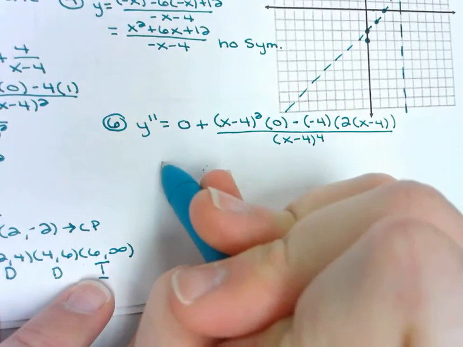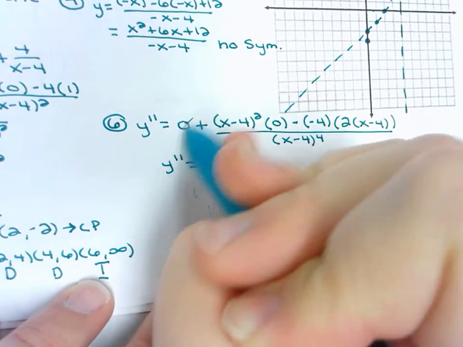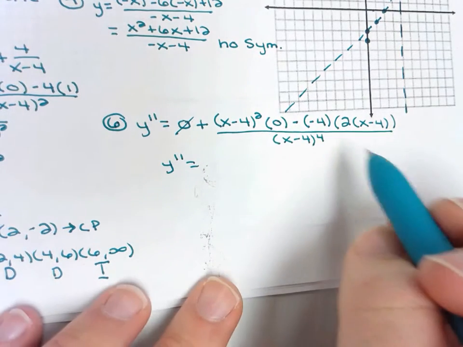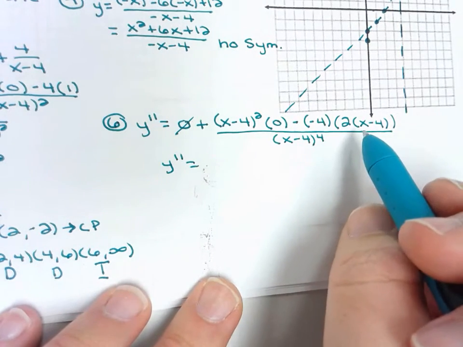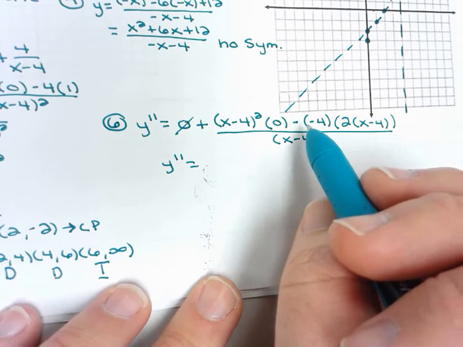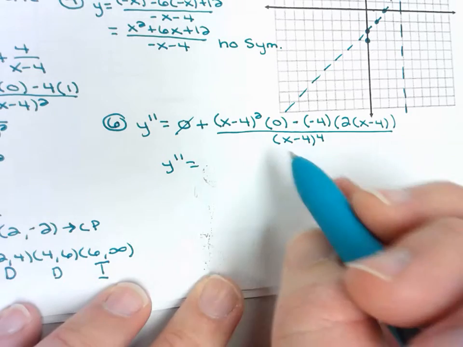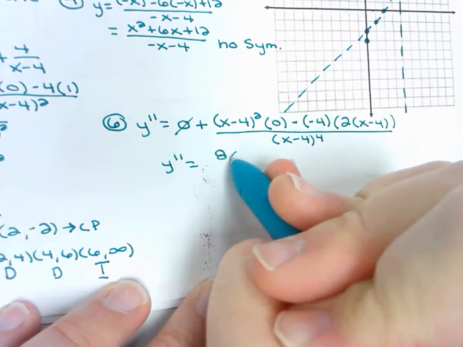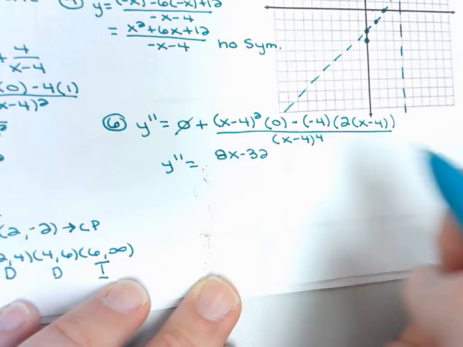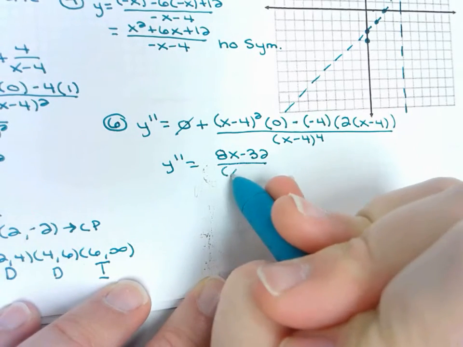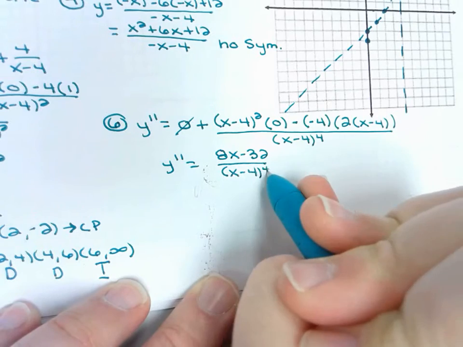Let's go through and simplify it. That 0 I don't really need to worry about. x minus 4 squared times 0 is gone. So I'm just going to have this part up here. If I take an 8 and distribute it through, that's going to be 8x minus 32 over x minus 4 to the 4th.